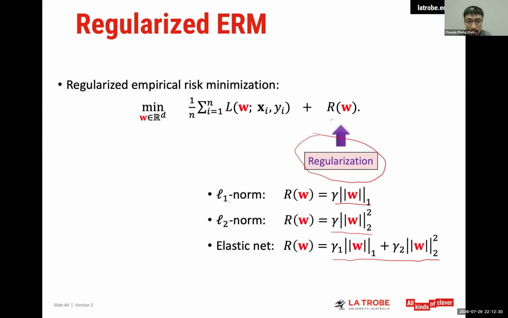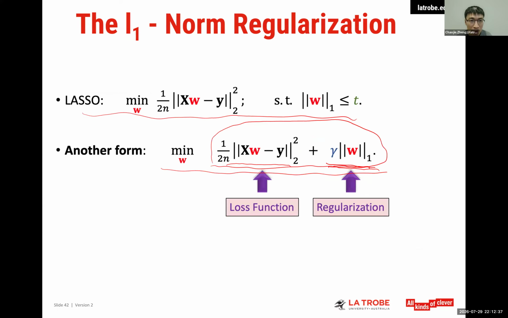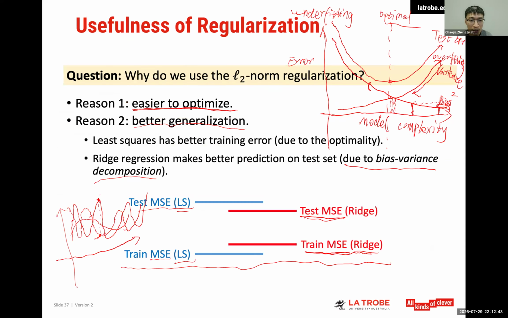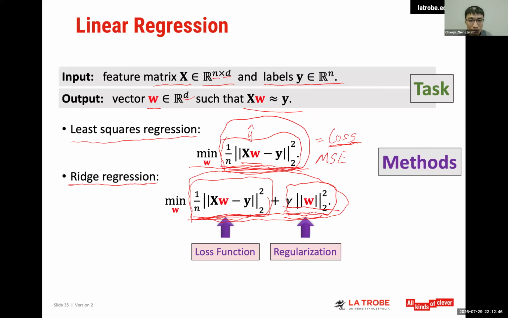So another difference between ridge regression and Lasso regression is that for ridge regression, if we are minimizing this entire equation at the same time, we also need to minimize this regularization term, right? So ideally, the W vector will become close to 0, because to minimize the entire function, we need to minimize this regularization term.